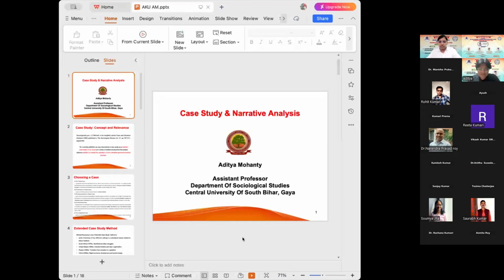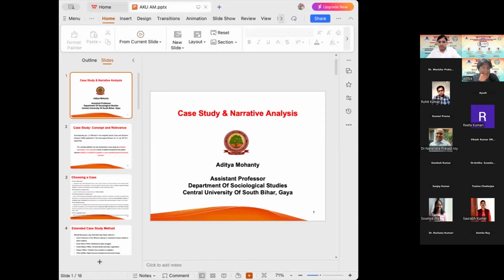Can you see the slides now? Yes, sir. Is it full screen now? The next button is for full screen, sir, where your cursor is right now. I did the full screen, but I don't know why. It's shown full screen on my screen, but you can see the PowerPoint right now, right? Why is it showing that the screen sharing is paused? No, we cannot see the full screen.